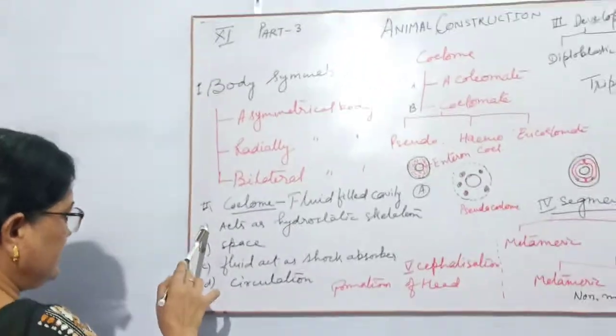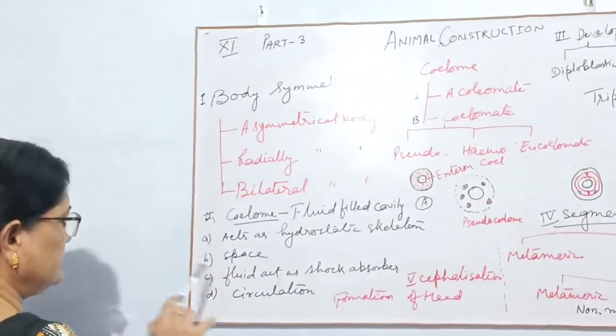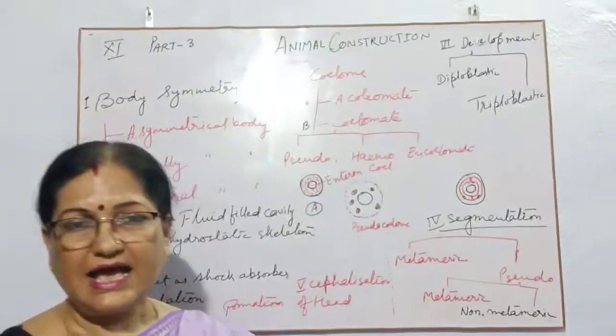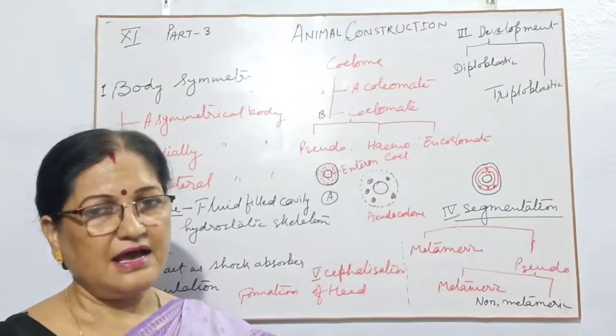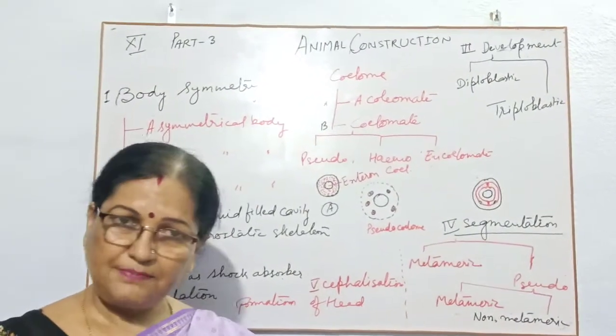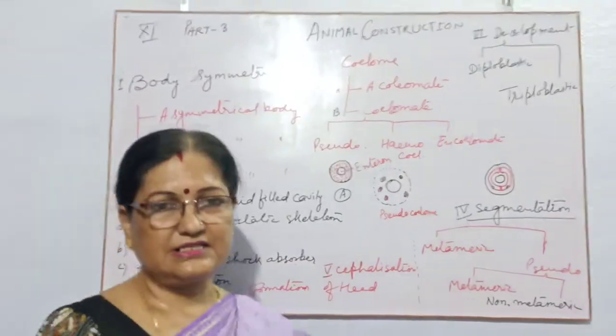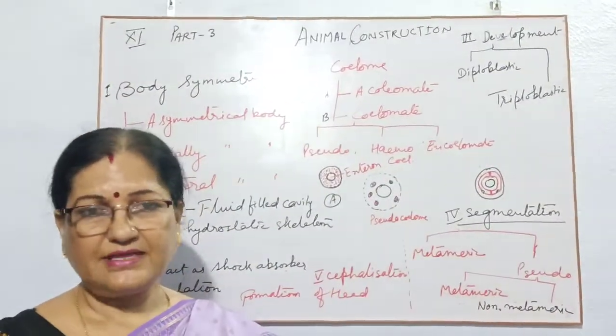See, there are 4 points, A, B, C, D. First one, it acts as a hydrostatic skeleton. As children we know, plants have no skeleton system. Simply the fluid can give them the hydrostatic skeleton and plants can remain erect.